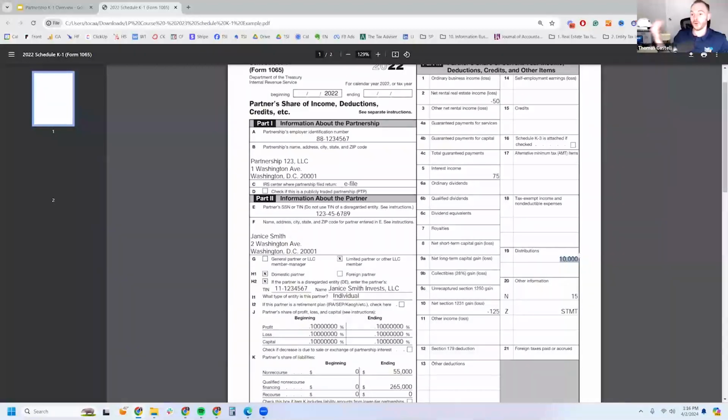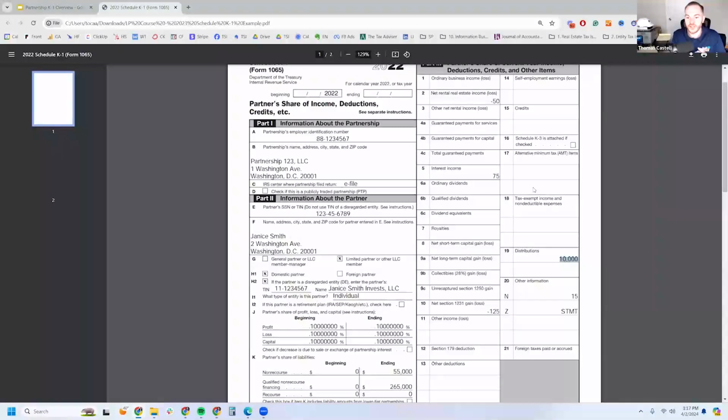So you can have a loss and receive a distribution. The partnership distributed cash to you, and you are not taxed on the distribution. But similarly, you can receive no distribution, have 0 in box 19 and a positive number in box 2, and that will be taxable to you. So distributions are typically not taxable, but income in box 2 is, and that's a key distinction here.